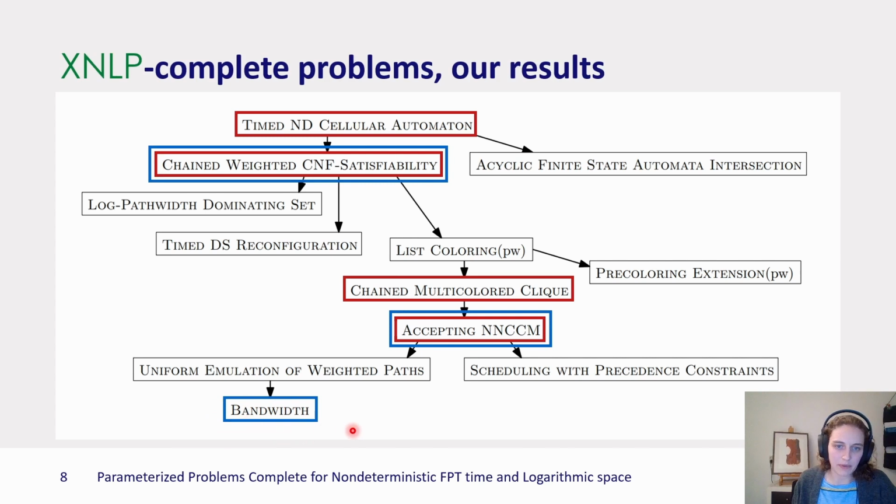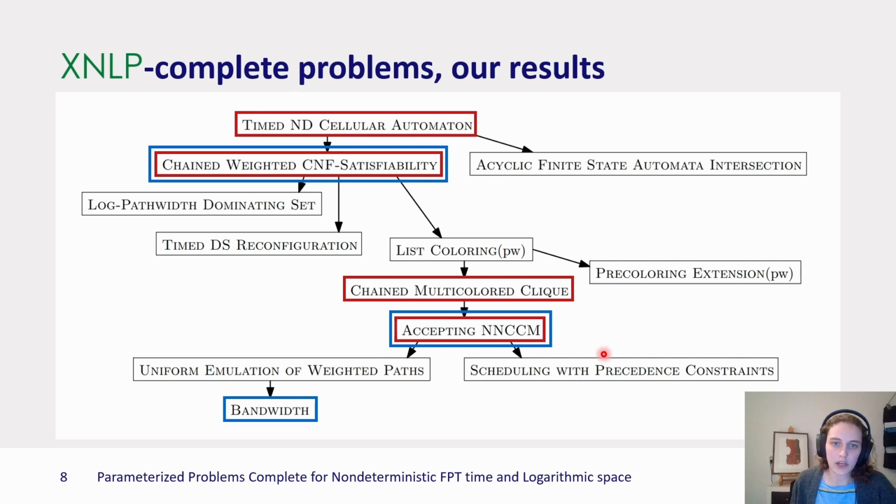And here's bandwidth. So this picture actually is how we were able to reduce all these problems to XNLP. So the arrows indicate a reduction from one problem to another problem. The red ones are the problems that we call building blocks. And these problems are very helpful in proving problems to be XNLP-complete.